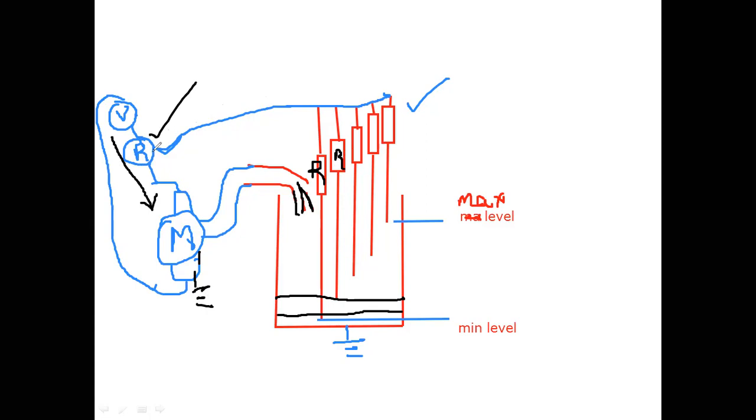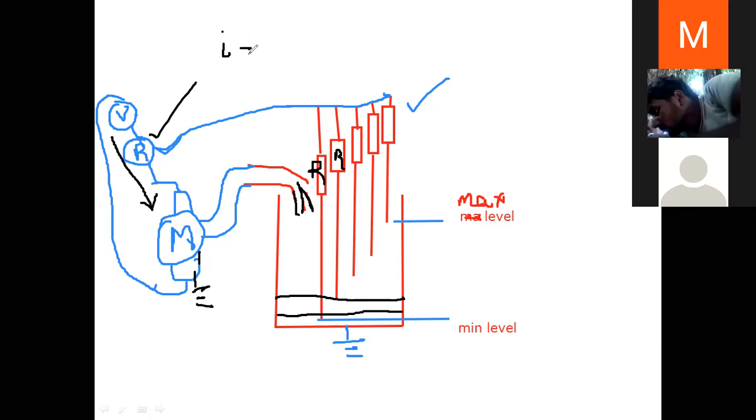So what about current I? Current I reduces.